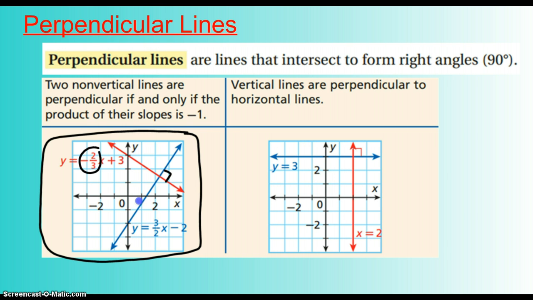The slope of this line is -2/3, and the slope of this line is 3/2. If we multiplied those two together, we would get -1, which is what they're talking about in this definition. But what I want us to take away is that those slopes are opposite reciprocals of each other.